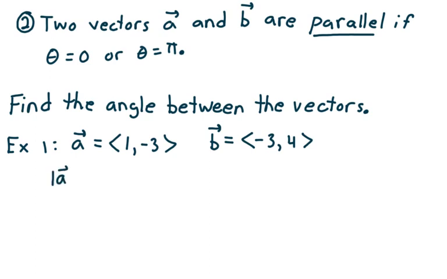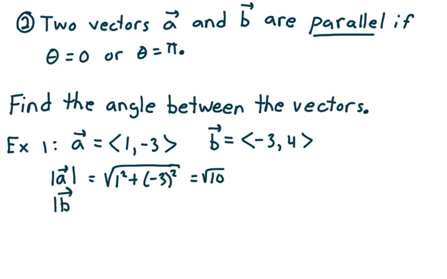Now, the magnitude of A is equal to the square root of 1 squared plus negative 3 squared, like so. And that's the square root of 10. The magnitude of B is the square root of negative 3 squared plus 4 squared, which is equal to 5.